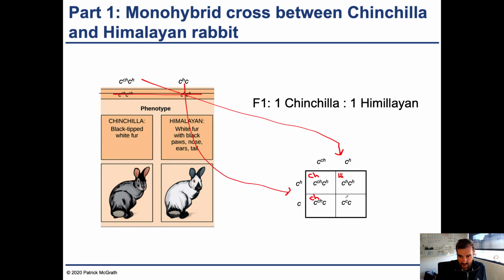And this one right here, there is a typo. That's supposed to be Himalayan. This one right here is also Himalayan as well. So you end up with this 1-to-1 ratio of chinchilla and Himalayan.